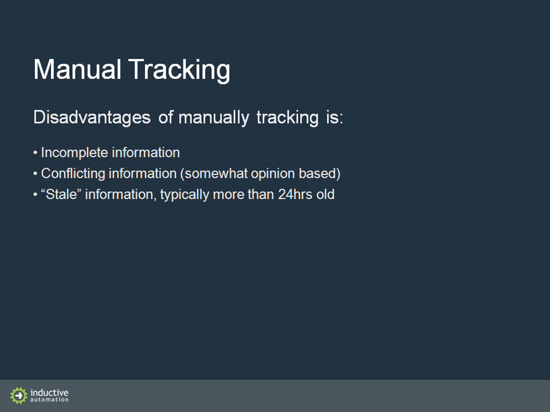The data tends to be incomplete. Some of the information is conflicting because it's influenced by operator and maintenance opinions, and they don't get the information right away. It's stale. Typically they're seeing information that's 24 hours old or more.